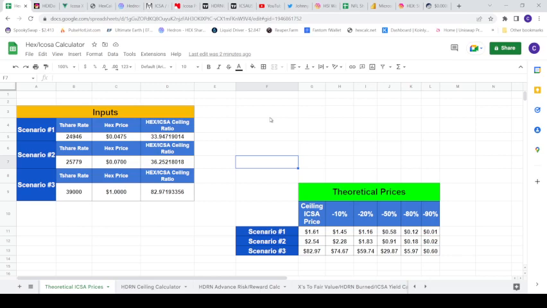So either way, it's pumping the Icosa price. Hex is getting pumped, and also the Icosa price is getting pumped because they're also buying Hex. So it's just that insane positive feedback loop.